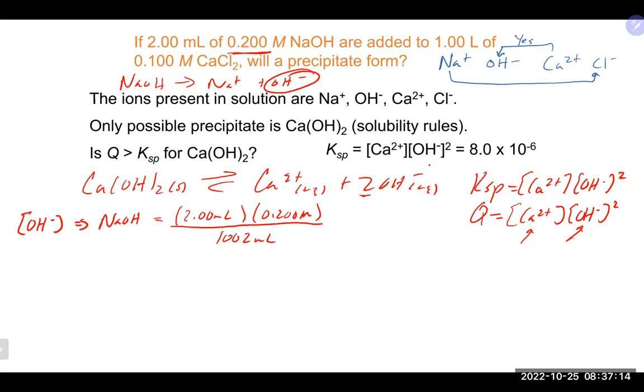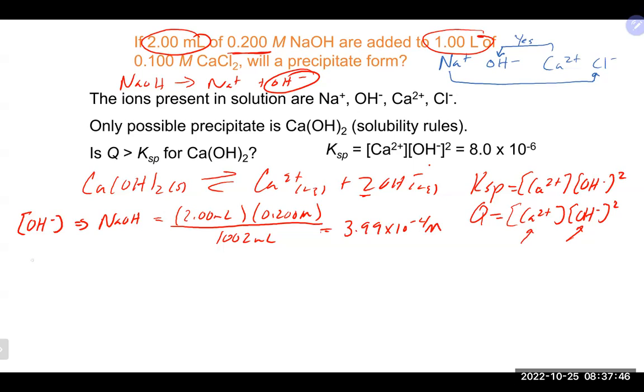I converted the liters into milliliters, so that's 1,000 milliliters plus 2 milliliters of the sodium hydroxide. So 1,000 milliliters from there, 2 milliliters from there is the total volume. That gives us a concentration for hydroxide here of 2 times 0.2 divided by 1,002, about 3.99 times 10 to the minus 4 molar.